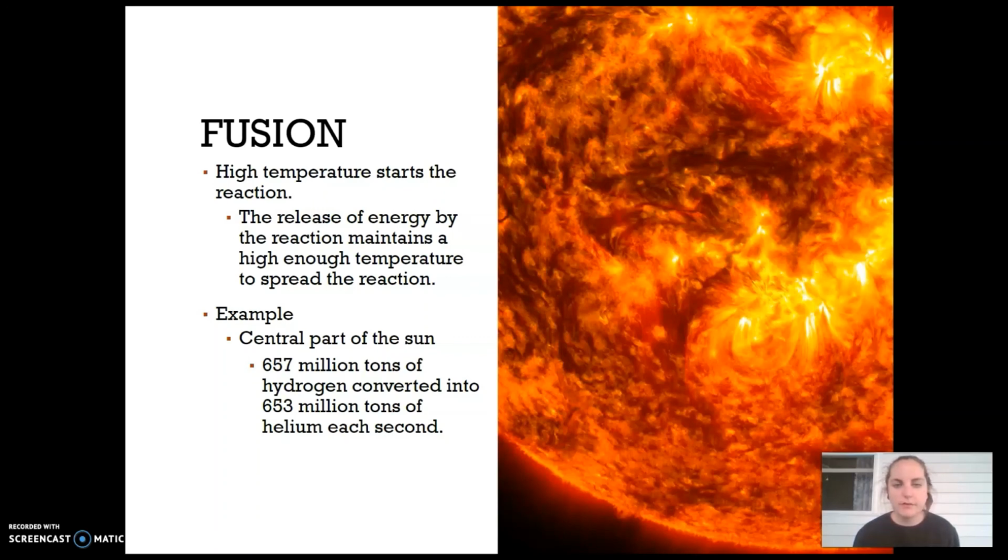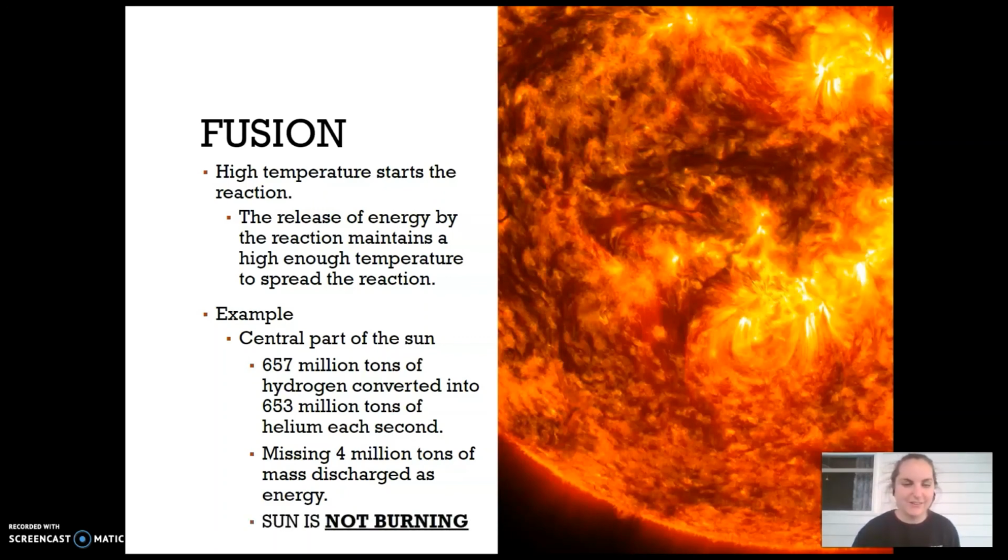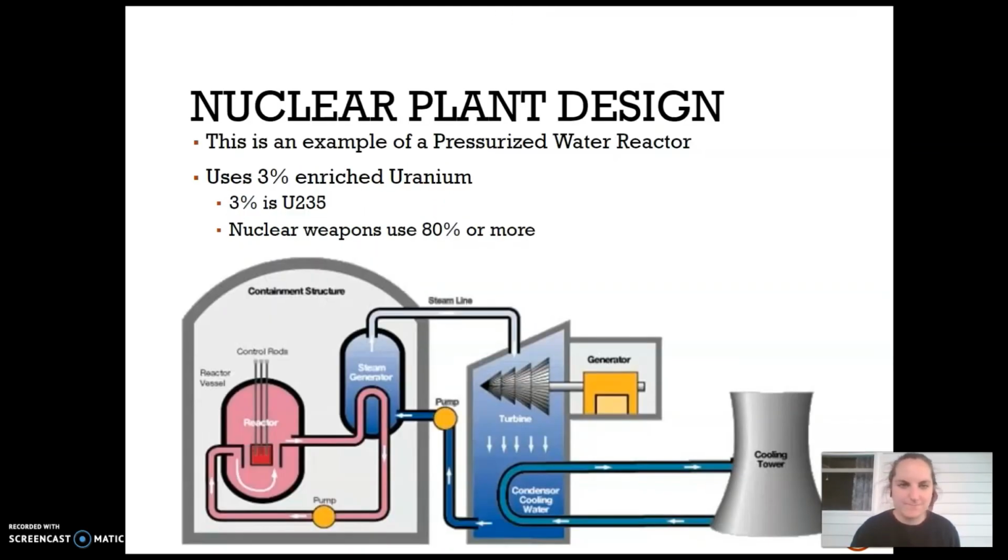A good example is the central part of the sun: 657 million tons of hydrogen converted into 653 million tons of helium each second. So it's missing 4 million tons of mass, discharged as energy, which is crazy. So the sun is not burning, it's just emitting all of this energy.